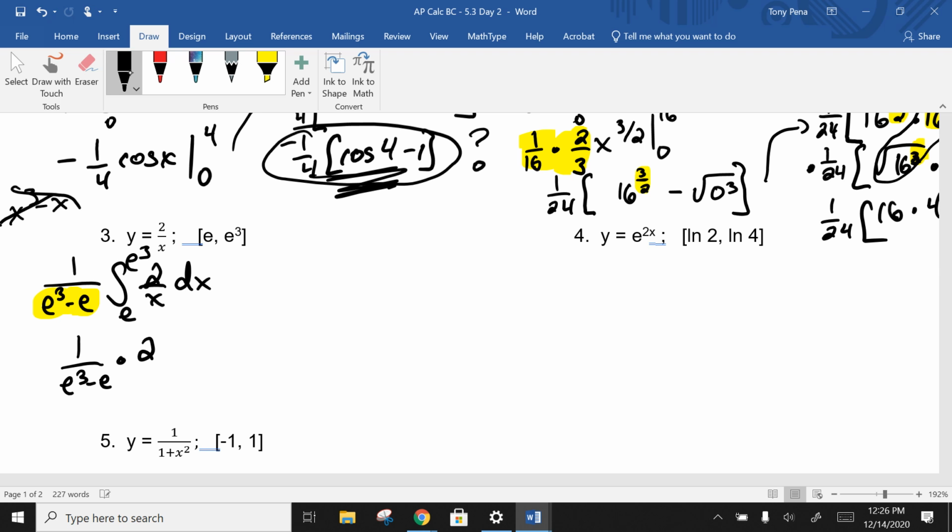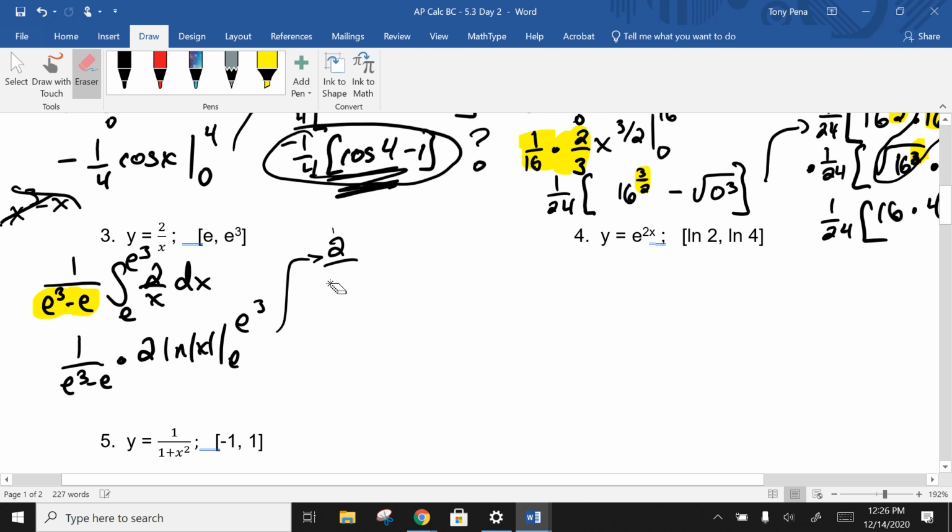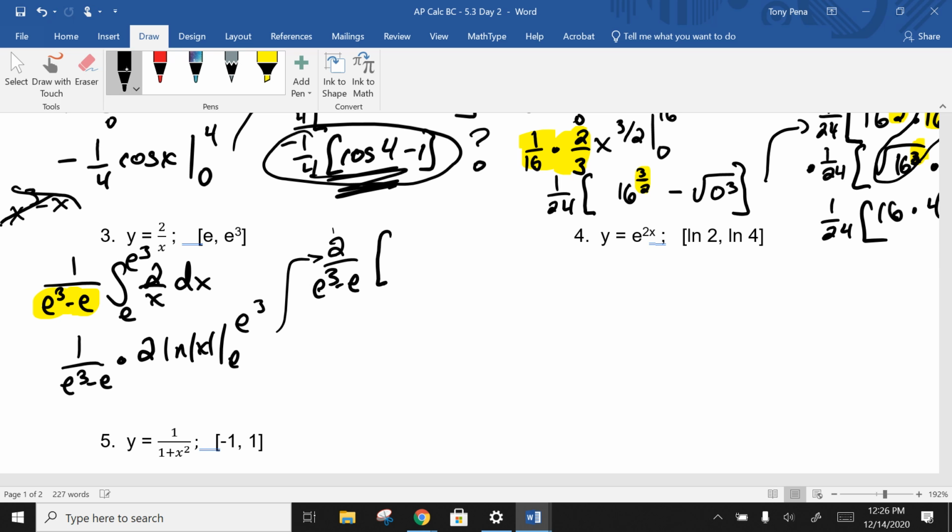This should give us a 2, and then this is 1 over x. That's our natural log, absolute value from e to e cubed. So we get 1 over e cubed minus e. Plug in your upper limit, plug in your lower limit.